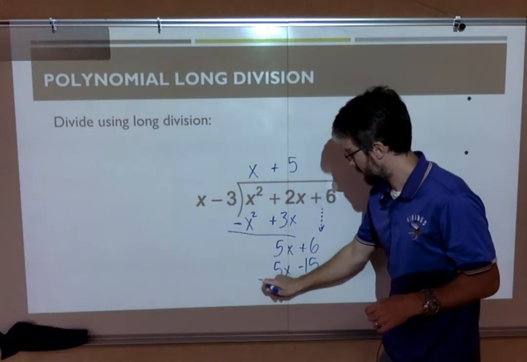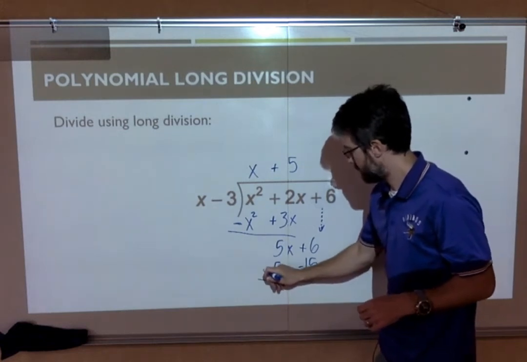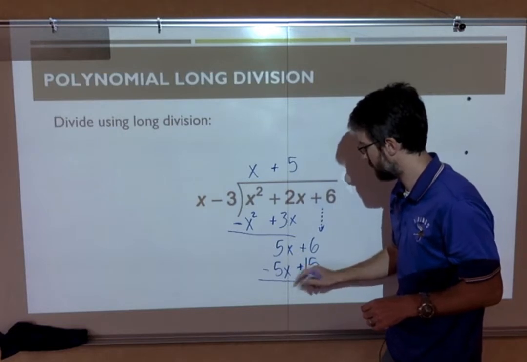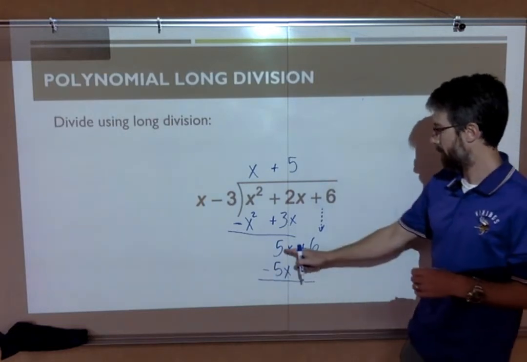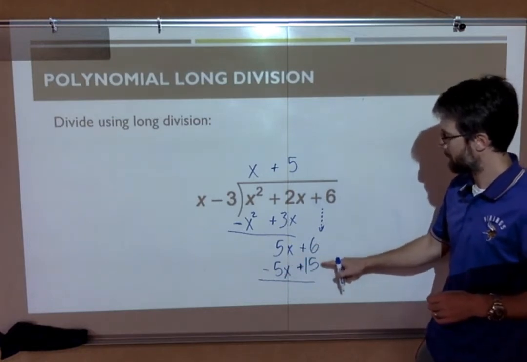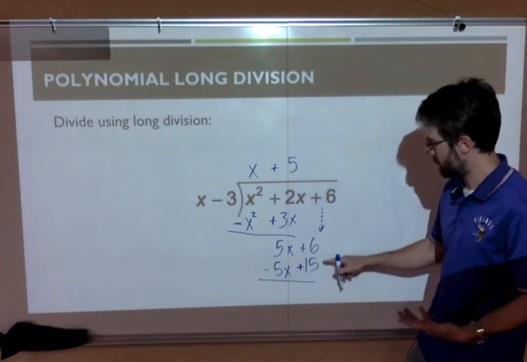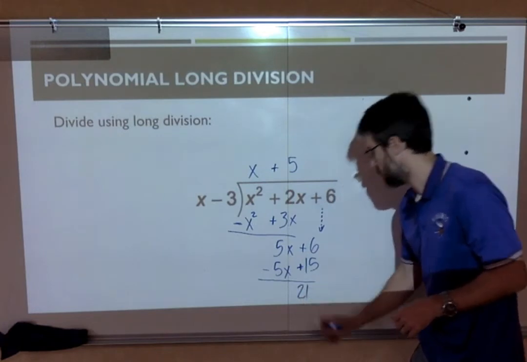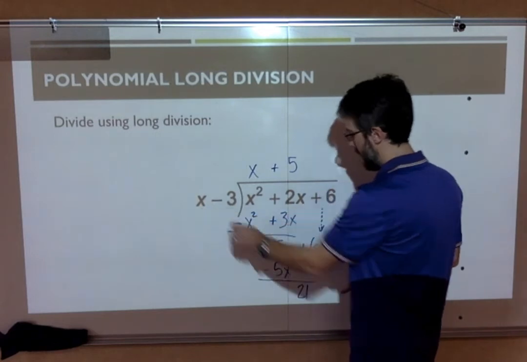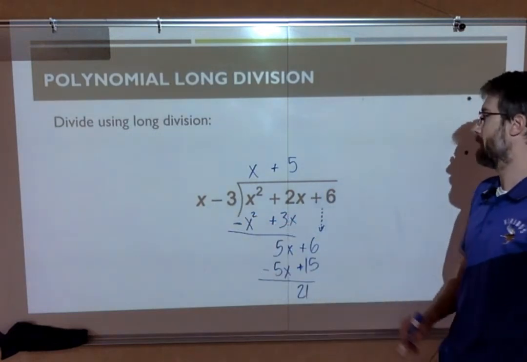I'm subtracting at this step, so this becomes a minus, this becomes a plus. The signs change. 5x minus 5x cancels out. 6 minus a negative 15 is the same as 6 plus 15, which is 21. 21, I can't divide evenly by x, so this is now my remainder.